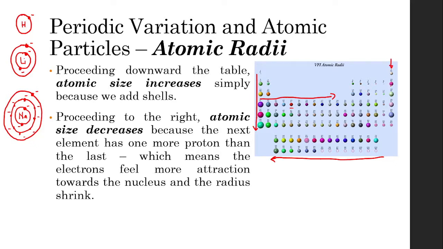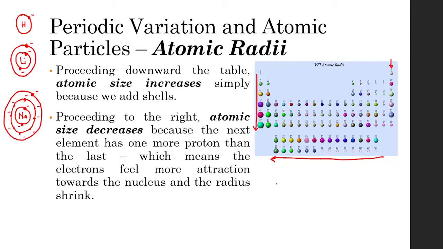The noble gases are very stable. That's why their sizes are much bigger. But that's the first thing that I want you guys to remember. The first trend is the atomic radii. As you go downward or go from right to left, the atomic radii is increasing.